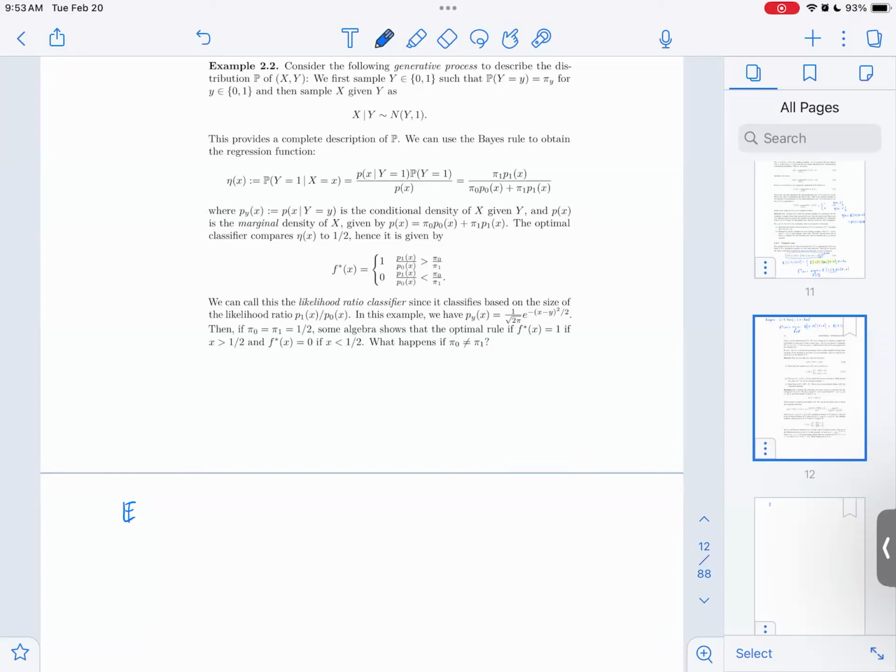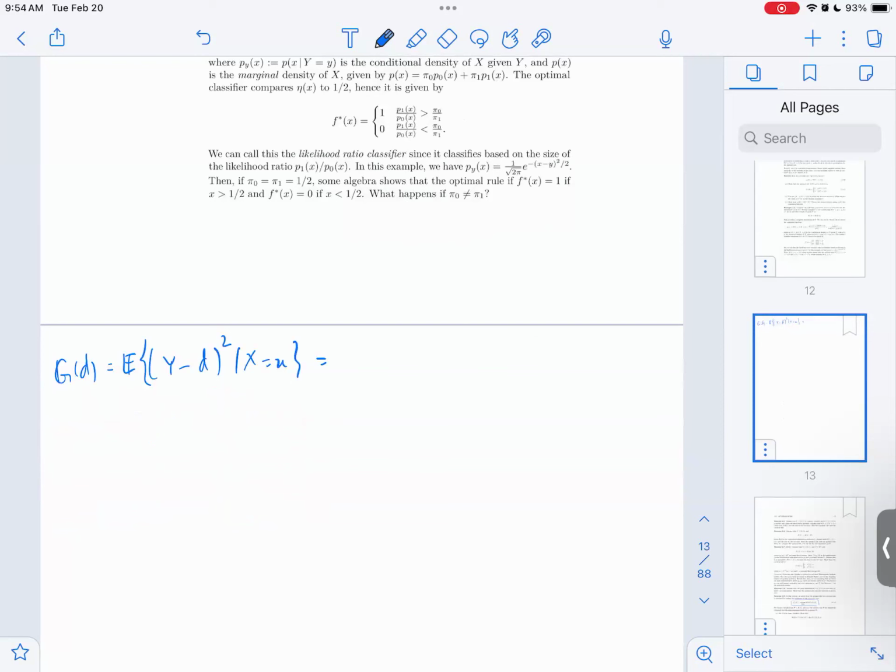Let's call this g of d. So it's a function of d: the expectation of (y minus d) squared, conditional on X equal to x. The natural thing is to expand. So you get the expectation of y squared minus 2yd plus d squared, given X equal to x.